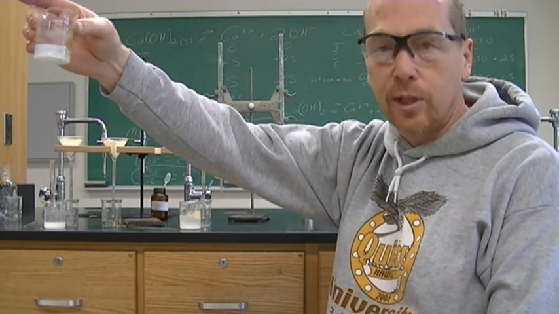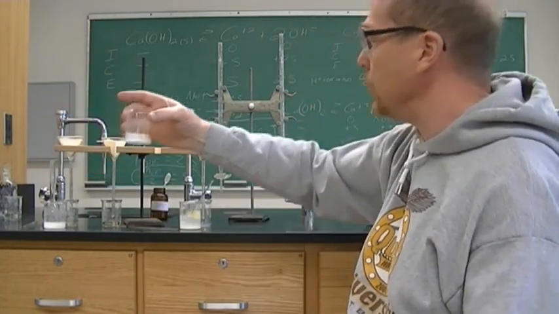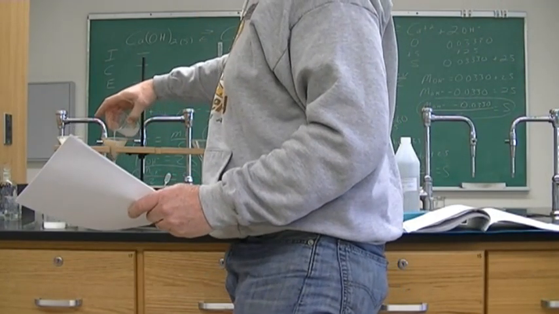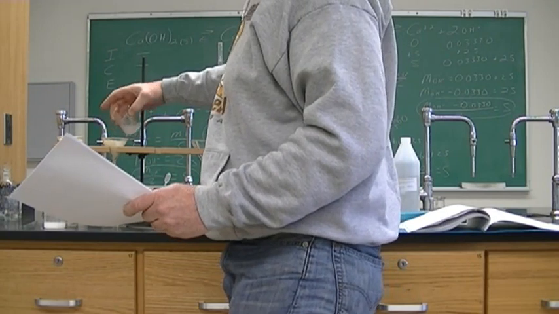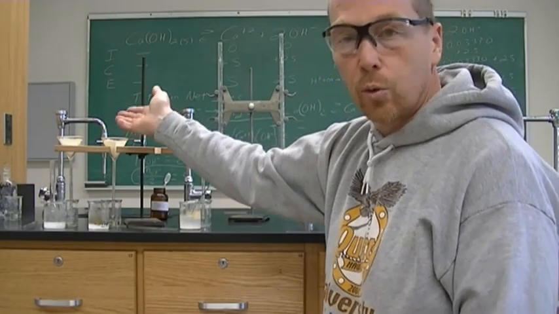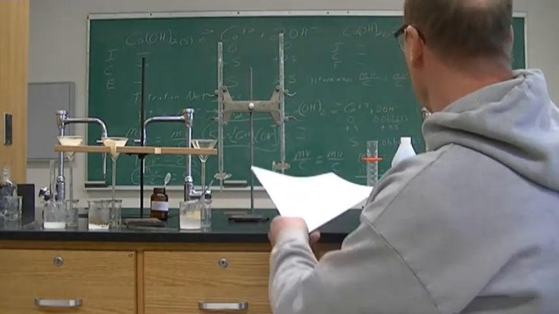I made, again, a saturated solution. I stirred it for 10 minutes, and I'm filtering it. So all of the solid calcium hydroxide that did not dissolve is going to be collected in our filter paper.